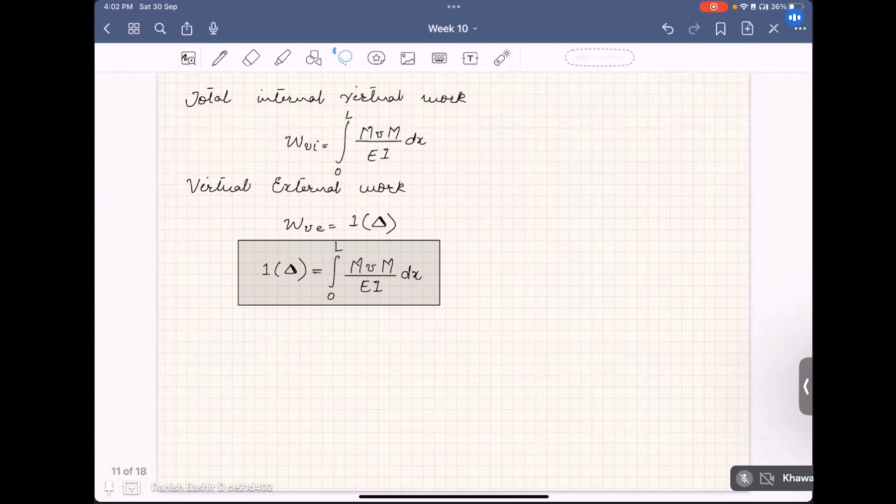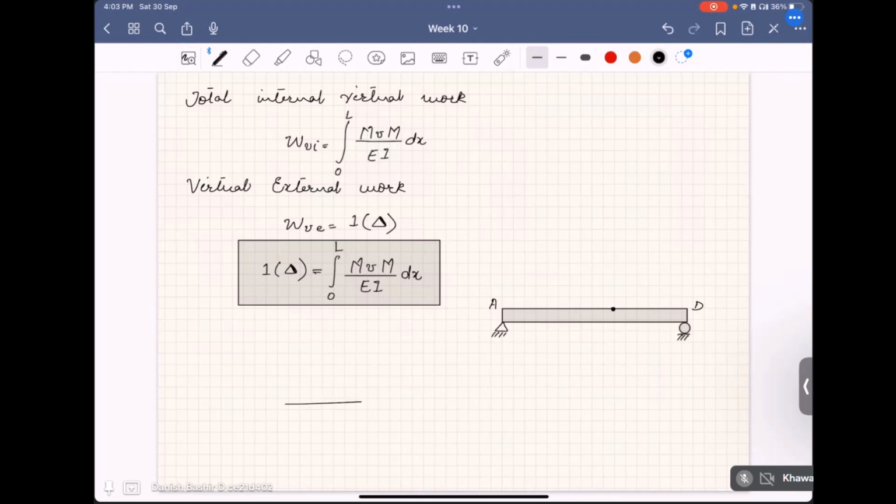If we needed to find the slope at point C, what we have to do is take the same beam like this. This is A, this is D, and at point C we want to know the slope.